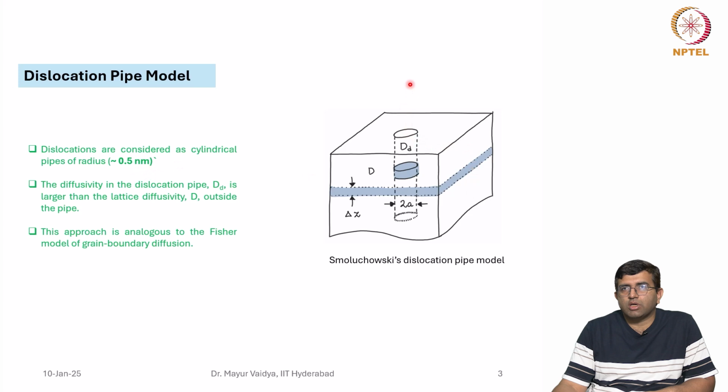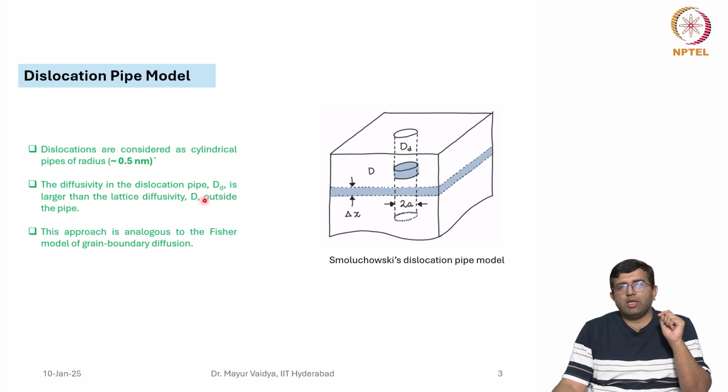In the Fisher model you consider the grain boundary as a slab; here the dislocation is considered as a cylinder of radius a, approximately 0.5 nanometers. The diffusivity in this dislocation pipe, written as Dd, where the subscript d stands for dislocation, is larger than the diffusivity outside the pipe. So the diffusivity along the dislocation is much higher than the diffusivity along the lattice.